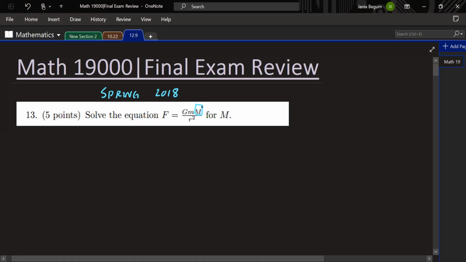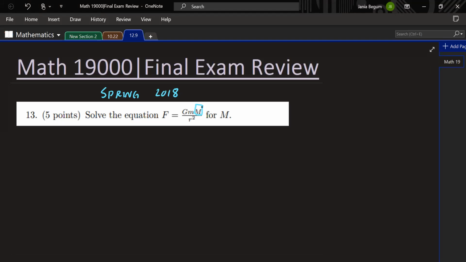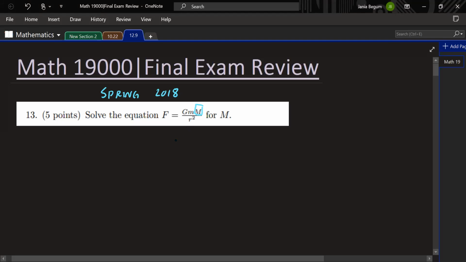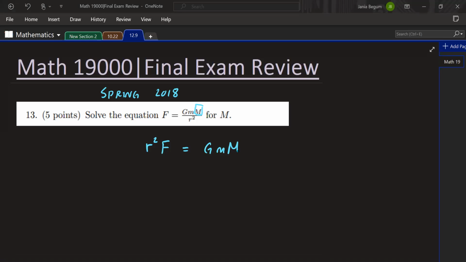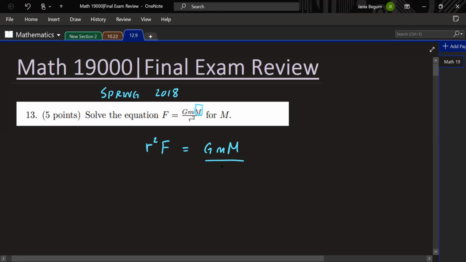So you want to isolate M. So how do we do that? Well, first we want to get rid of r squared from the bottom. So let's go ahead and multiply by r squared on both sides. So we have r squared times f is equal to big G and little m times big M. And then from here, again, I still want to isolate big M, so I'm going to divide by big G times little m.